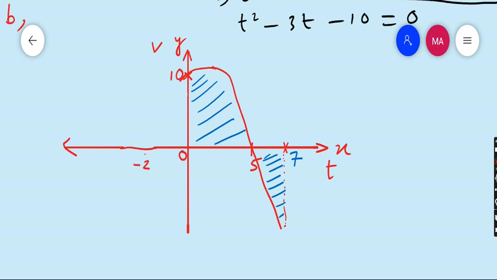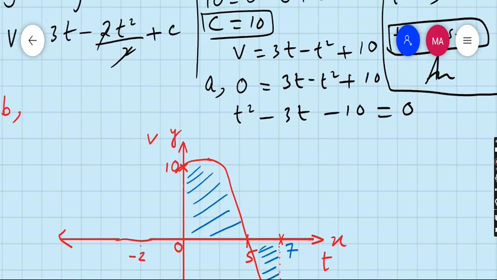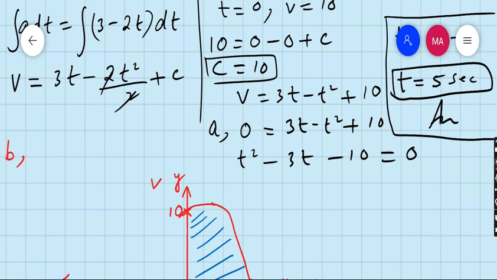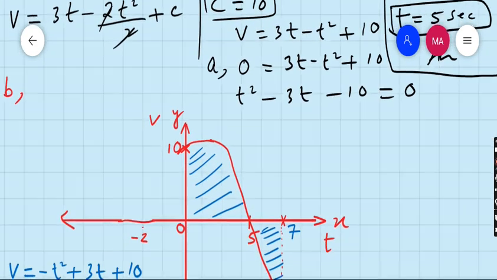So what is our equation of velocity? Our equation of velocity v, which we have already found, is v equals minus t square plus 3t plus 10. This is our velocity. Now we need to find the area.